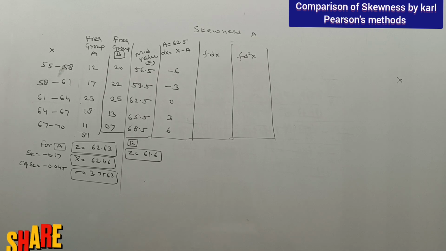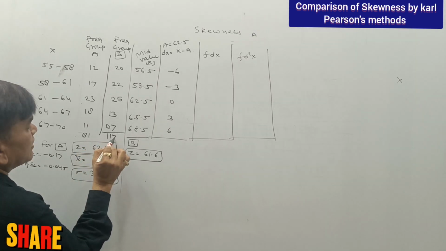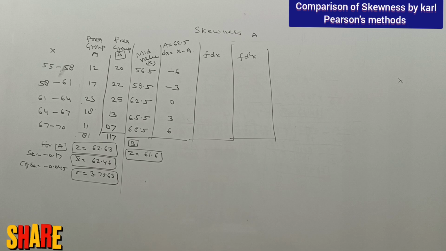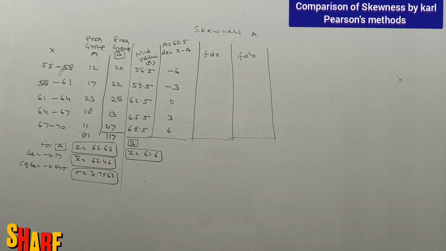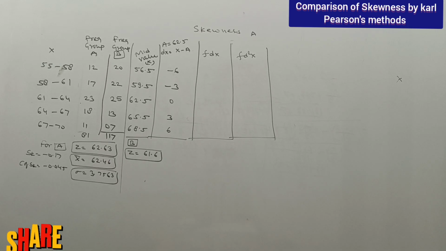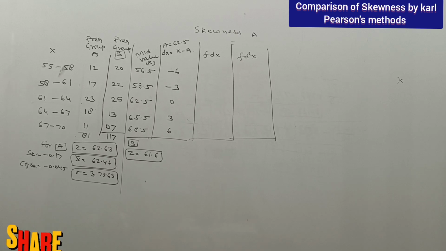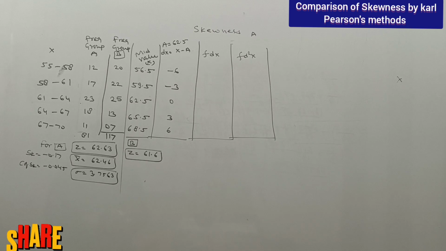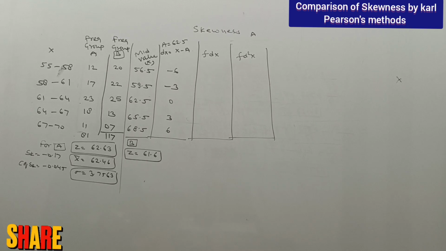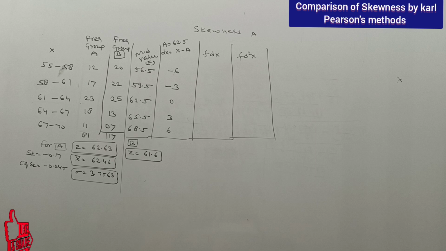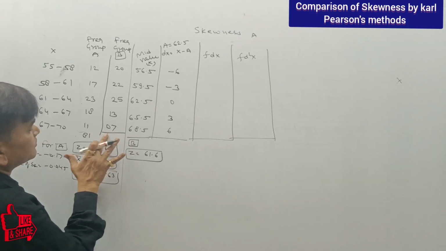Addition of frequency is 117. Again I should add, some mistake may be there. 20 plus 22 plus 25 plus 13 plus 7, that is 87, not 117.